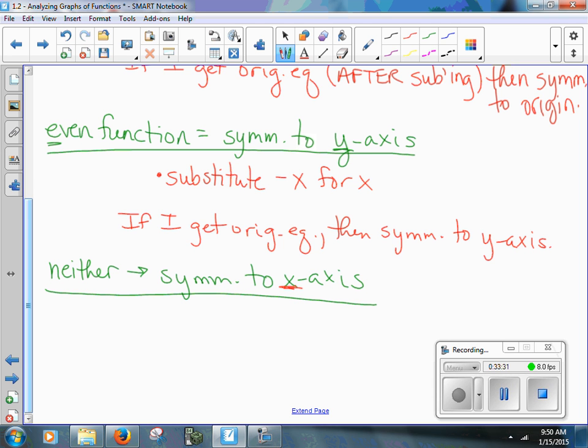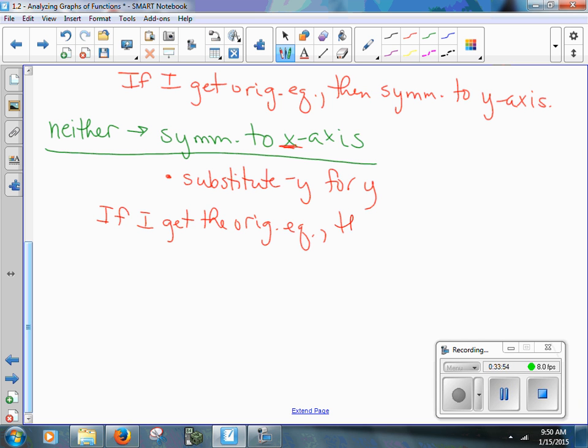What's the opposite of the variable y? So I'm going to substitute negative y for y. If I get the original equation after substituting, then I'll say that it's symmetric to the x-axis.